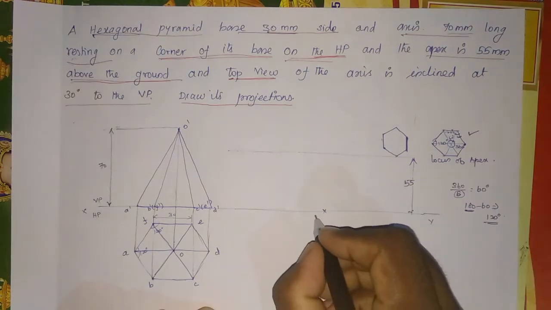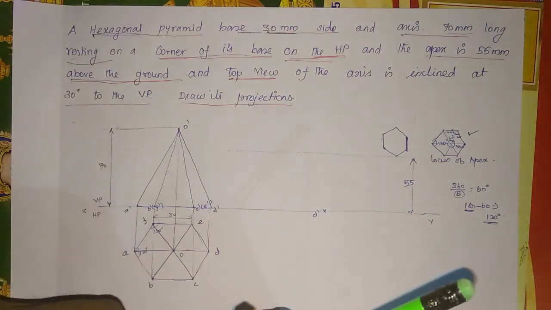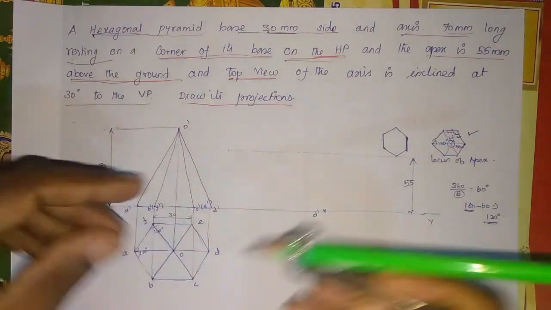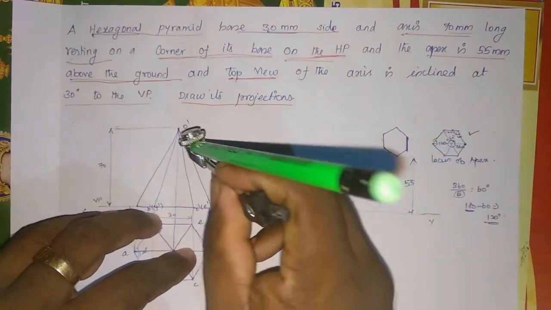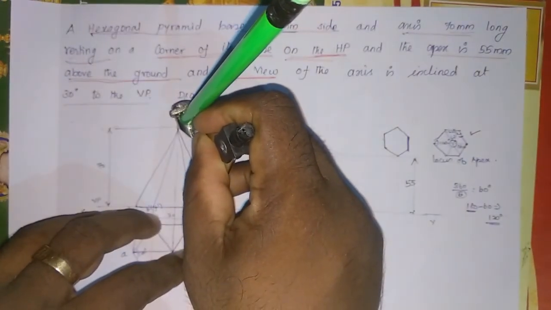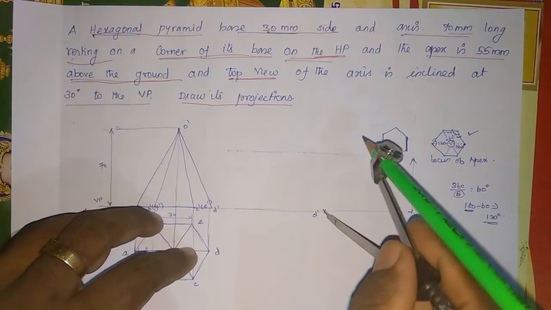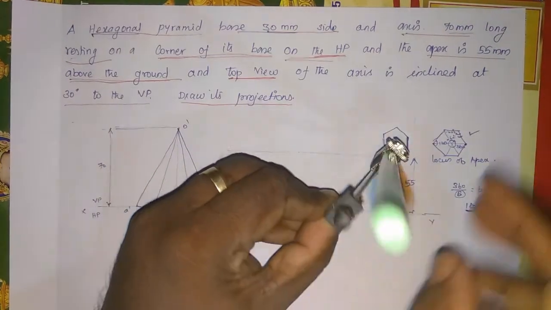This is the point D. I am taking the point D, and from that I am going to plot the apex somewhere. Take the compass to measure the slant height. So this is the slant height. You take that to the position here.